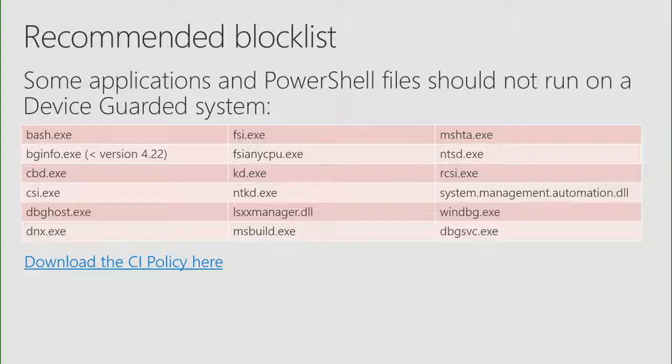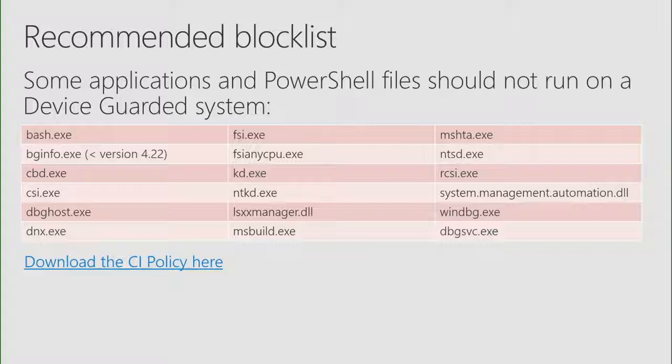There are some names in there that at least raised my eyebrows, like bash.exe, older versions of bginfo.exe, and for instance mshta.exe. What it actually says is if you run those programs, you are probably able to go around, circumvent your CI policy.